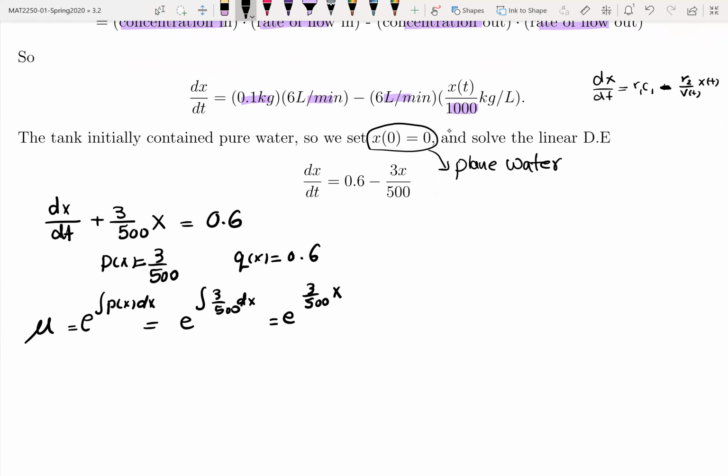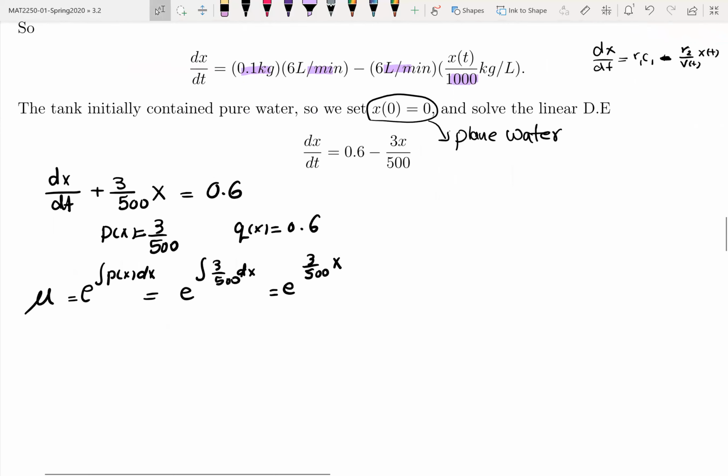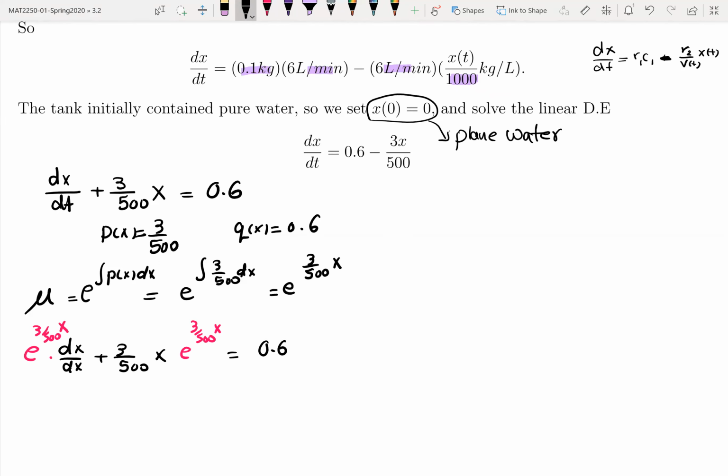And then I multiply this by the integrating factor, and then on the other side, the same integrating factor multiplied.